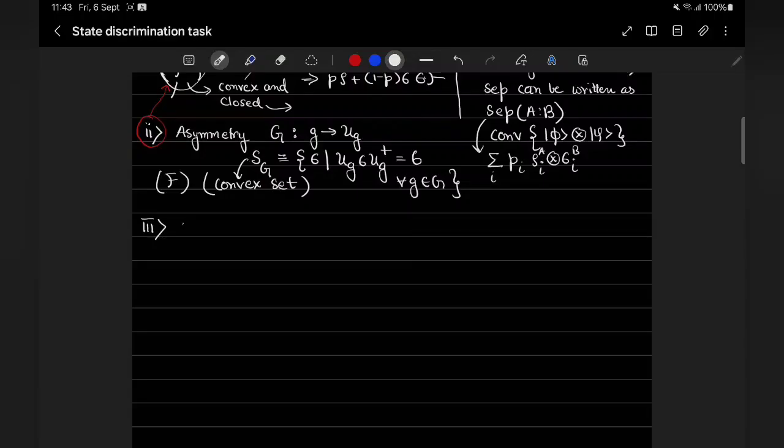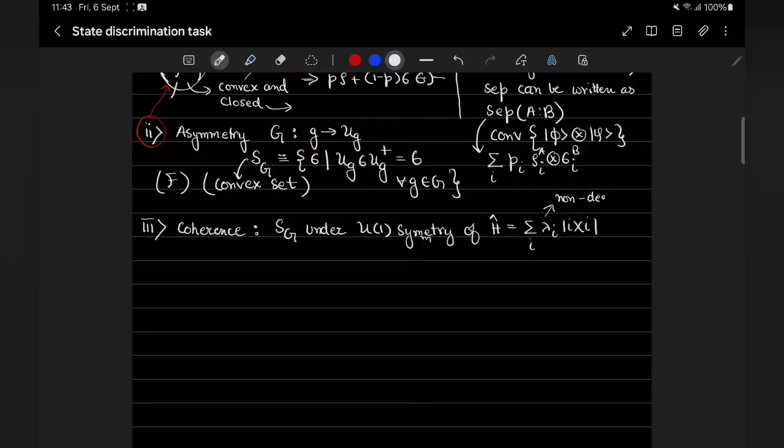For example, let's write it down first: coherence. Consider the U1 symmetry of some non-degenerate Hamiltonian H, which is of the form of lambda I, so this is non-degenerate, to avoid coherence sectors, like incoherent sectors which appear block diagonal.